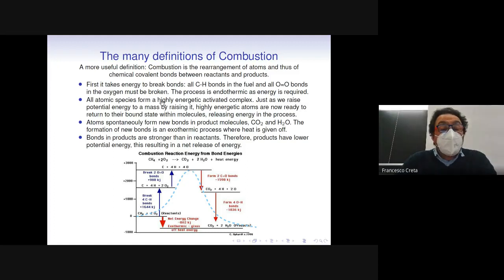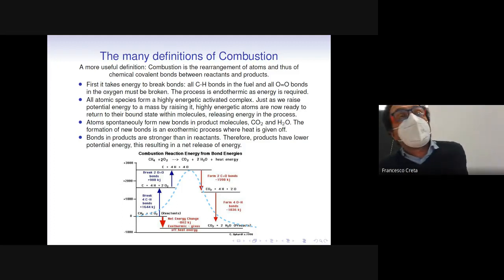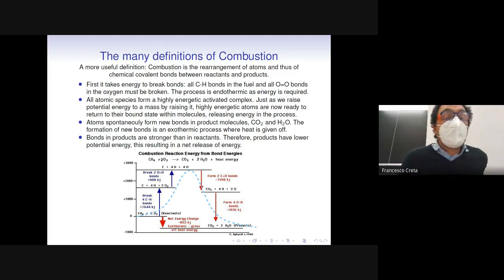So all atomic species will form a highly energetic system. It's called the activated complex. It's just one of the ways in which we address the fact that these atoms are now ready to be reorganized into different molecules. You see that there is a dashed line here.